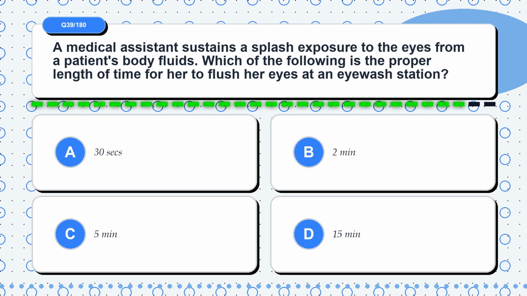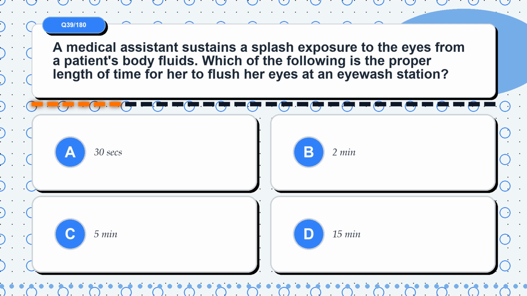Question 39. A medical assistant sustains a splash exposure to the eyes from a patient's body fluids. Which of the following is the proper length of time for her to flush her eyes at an eye wash station? Here are the options. Option A, 30 secs. Option B, 2 min.